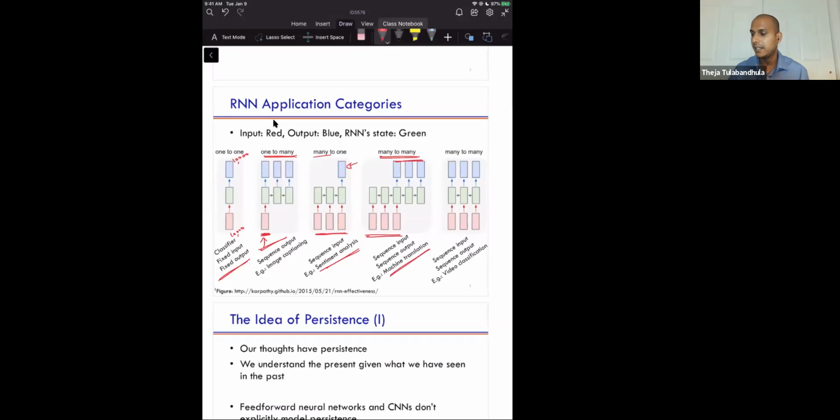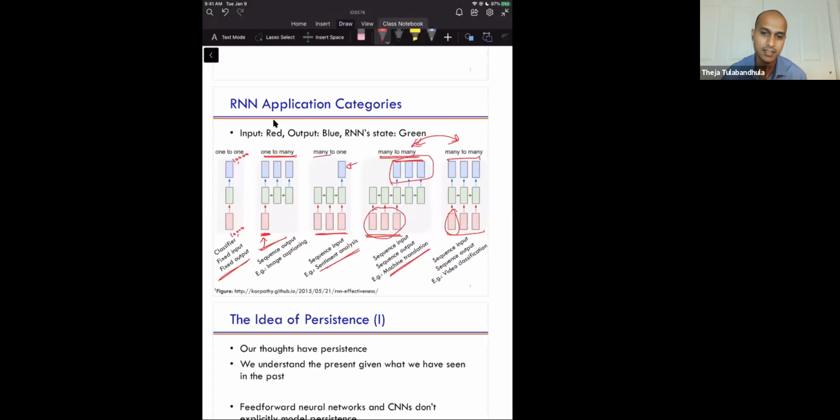And of course, a special case of that is where the lengths are fixed. Both are examples of many-to-many. But you can see that in one you start generating the output the moment you get the first input, whereas in machine translation, you start generating the output once you're finished with the input. That distinction is not very important.